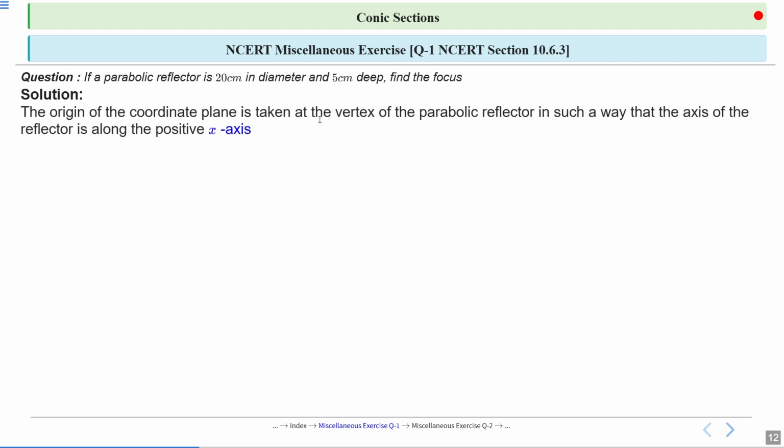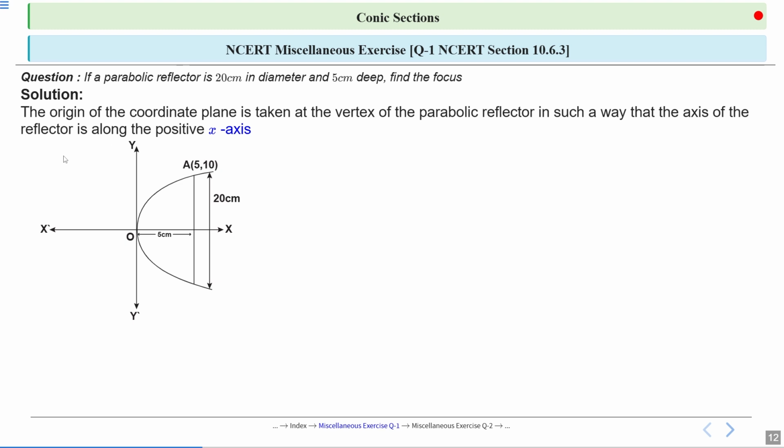The origin of the coordinate plane is taken at the vertex of the parabolic reflector in such a way that the axis of the reflector is along the positive x-axis. Okay, this is how we have taken the vertex at origin.